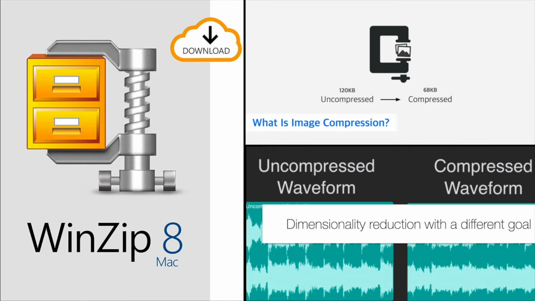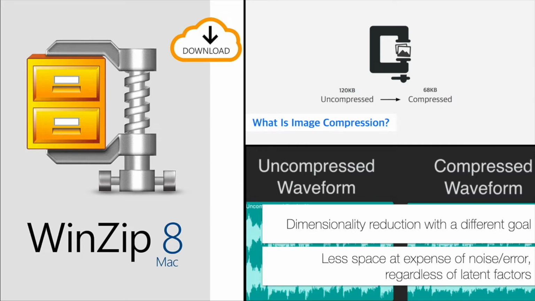This is also a form of dimensionality reduction, but here you don't necessarily have some latent space you're trying to interpret. Instead, you are trying to reclaim space at the expense of noise, where we are okay losing something in our compression. We're introducing noise into our compression to get this smaller representation. And we'll see a good example of that when we talk about SVD in a few minutes.